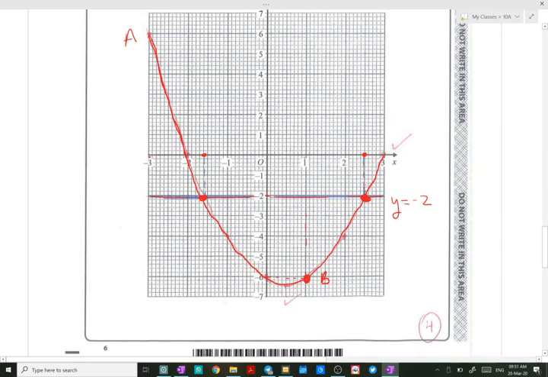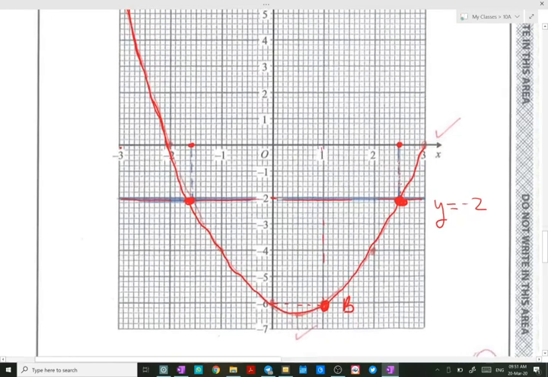So let us estimate. This is minus 1, and you have 1, 2, 3, 4, 5, 6, so you can say that this is minus 1.6, your first intersection, or your first solution, and this is 2, 1, 2, 3, 4, 5, so this is 2.5.